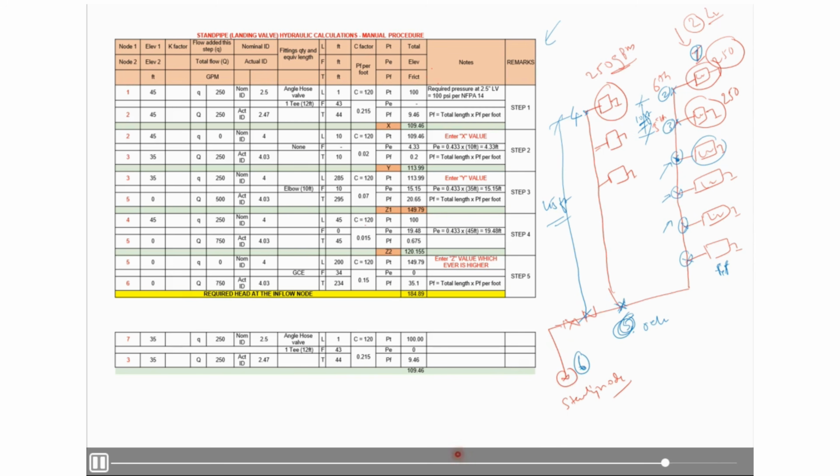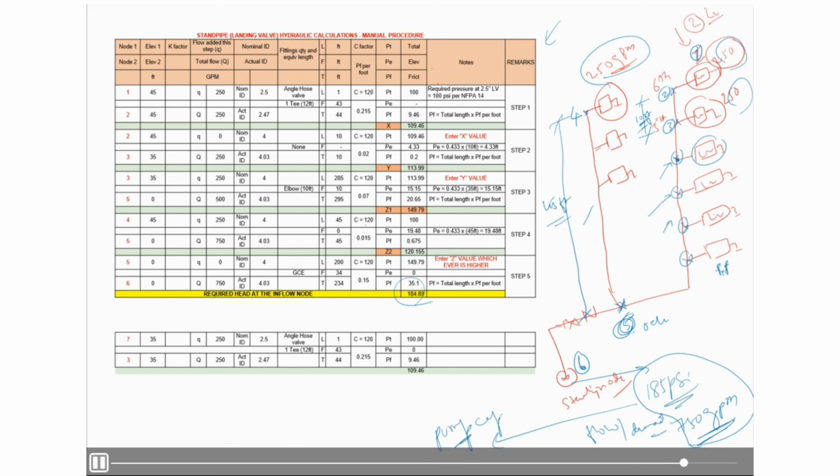So based on this hydraulic calculation, we got a 185 psi requirement at the starting node, and the flow or demand required will be, since we have two standpipes, we consider 250 plus 250 plus 250, so 750 GPM. So 750 GPM at 185 psi will be the pump requirement or pump capacity.